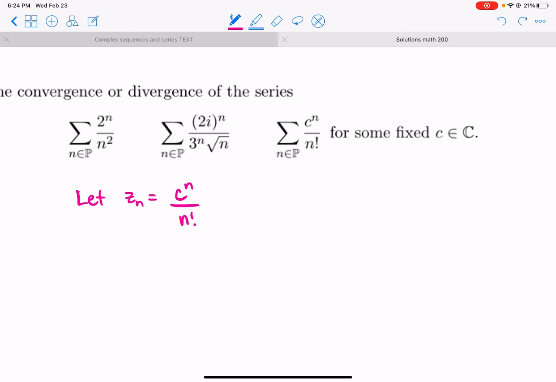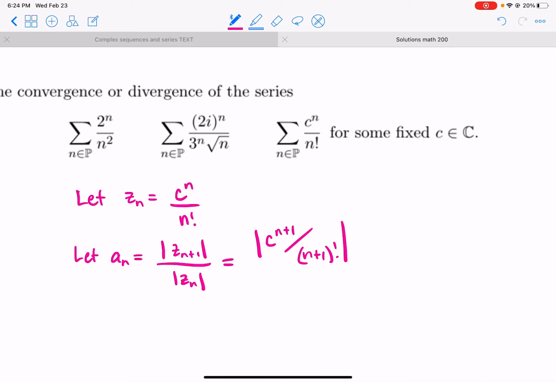Okay, so let's define a sequence of ratios of absolute values. Okay, so what is this? The absolute value of c to the n plus 1 over n plus 1 factorial, and the absolute value of c to the n over n factorial.